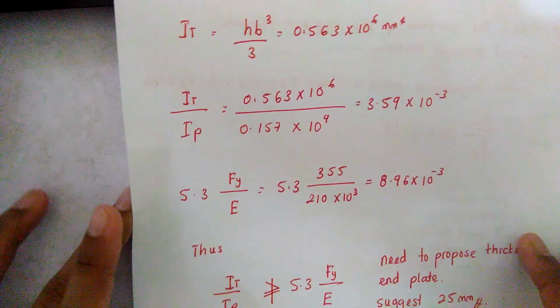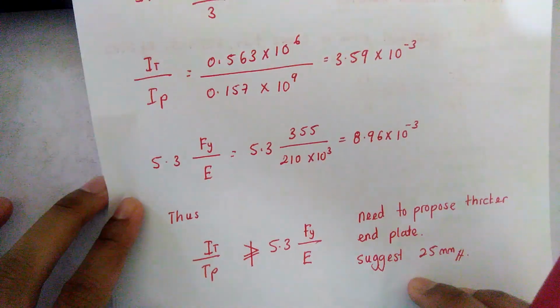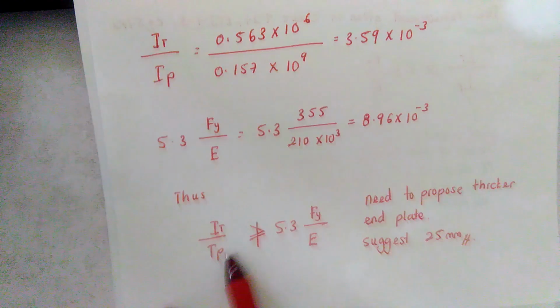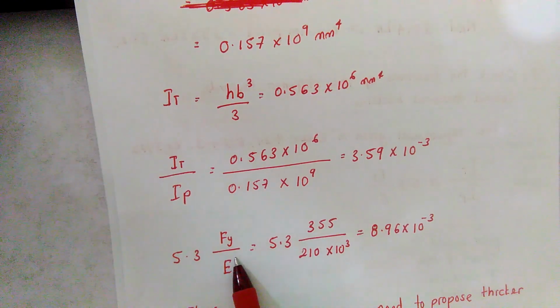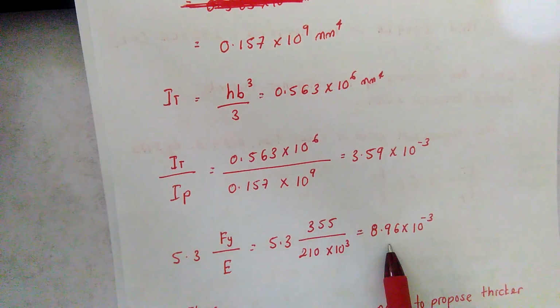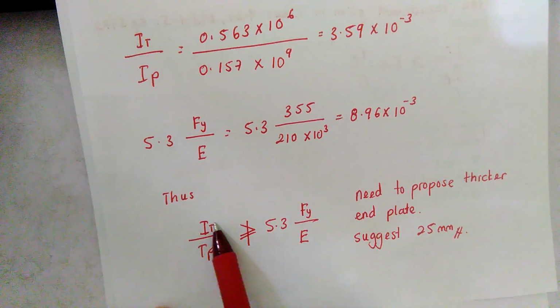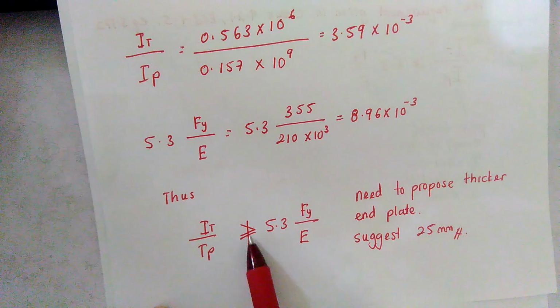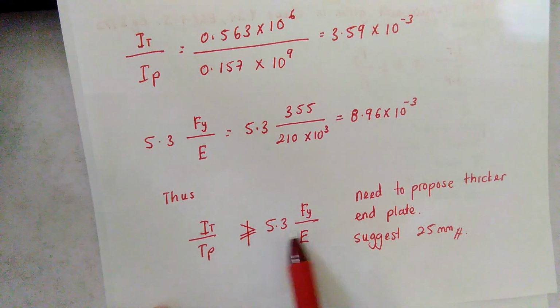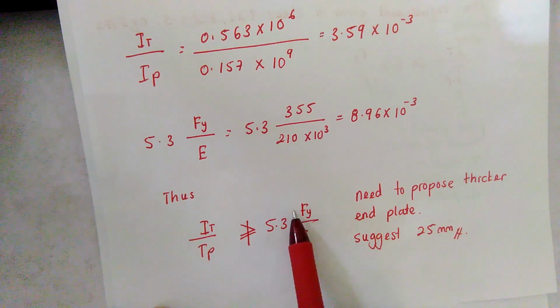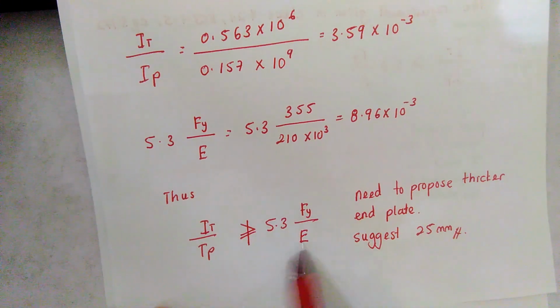Once you get those two, you substitute into the equations. You find that Fy over E is 8.96 times 10 to the power of negative 3. You find that IT over IP is not larger than 5.3 Fy over E.